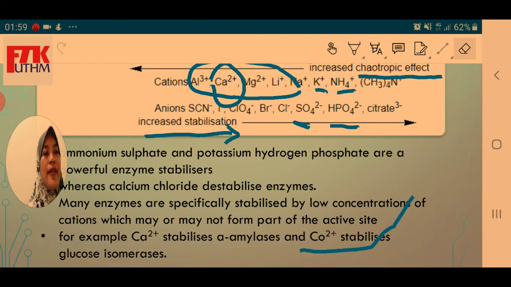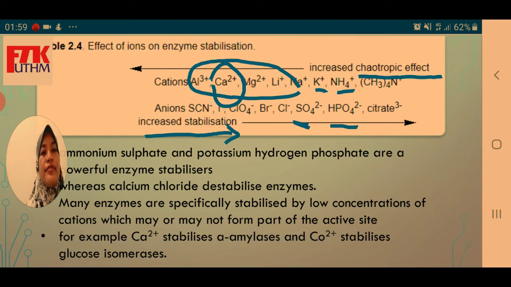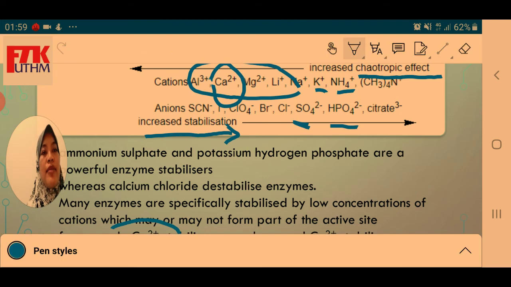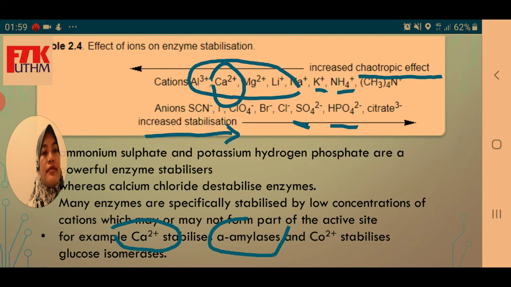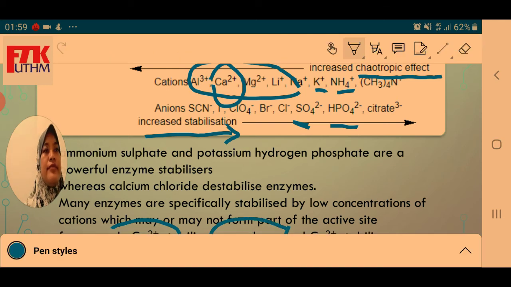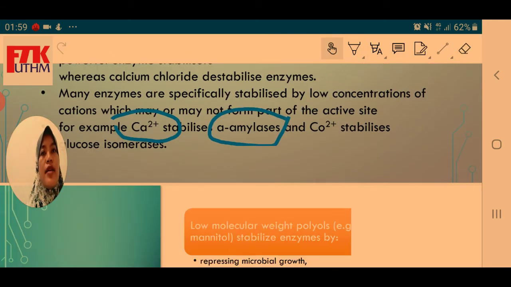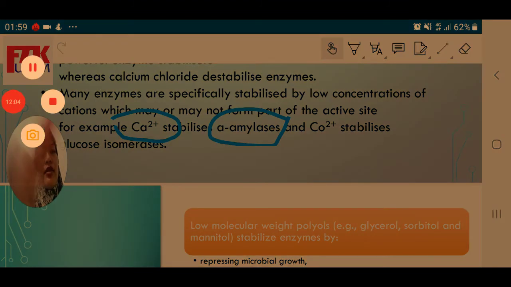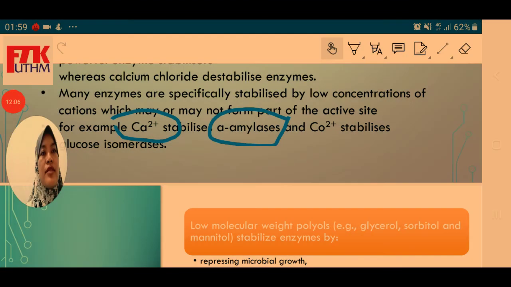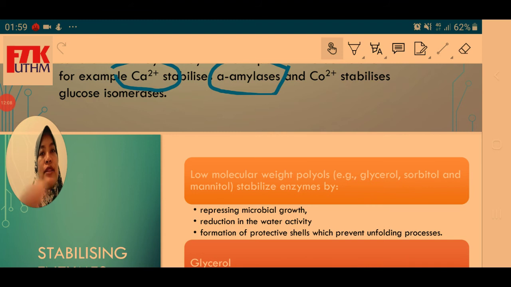Sorry, I'm doodling very badly. And calcium stabilizes alpha amylases. All right. So let me see how long. Okay, we can talk a little bit more before I stop.